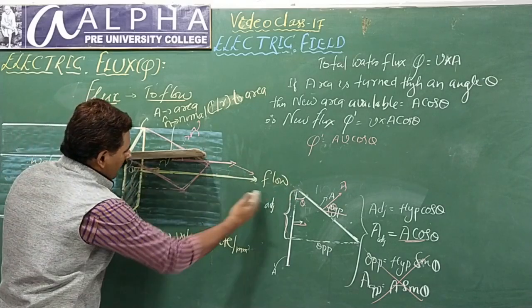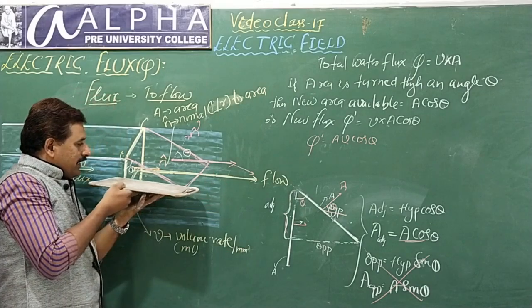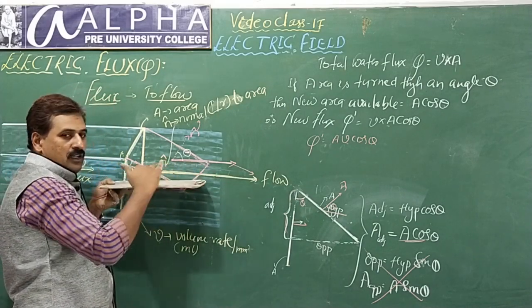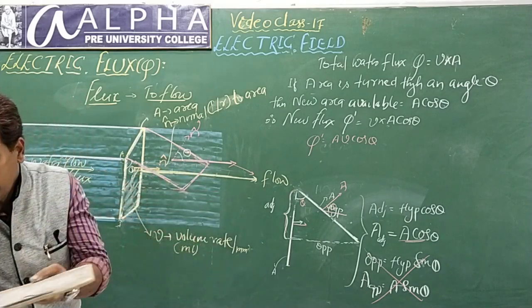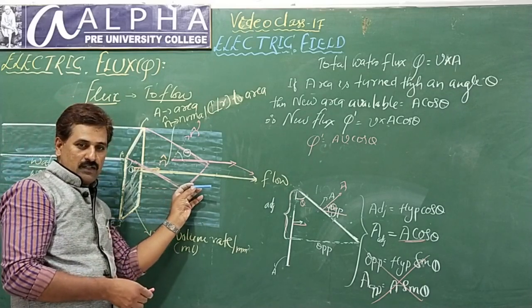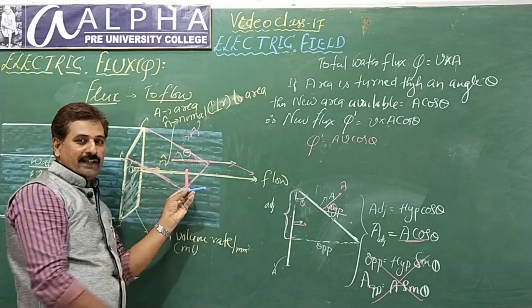When the area is parallel to the flow, what is the angle? When the direction of flow and the direction of the area are parallel, what is the angle? Very simple. As I told you, this is the horizontal direction of flow, this is vertical, normal. What is the angle between them? 90.